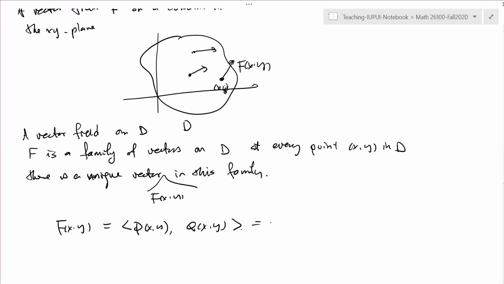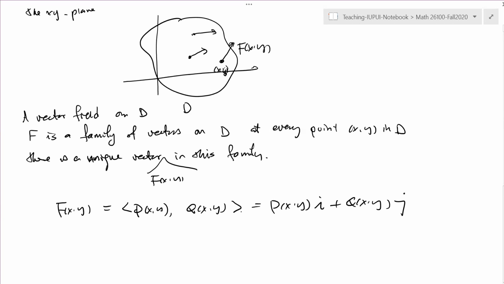This is also written as P(x,y) i + Q(x,y) j. So using mathematical notation, this can be viewed as a vector valued function. It consists of two components, each a function of x and y.